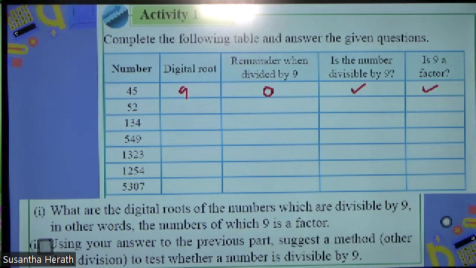Teacher, just tell me, when we get 52, again this part is 7, no? Sorry, digital root is that number. Is that what you are asking?